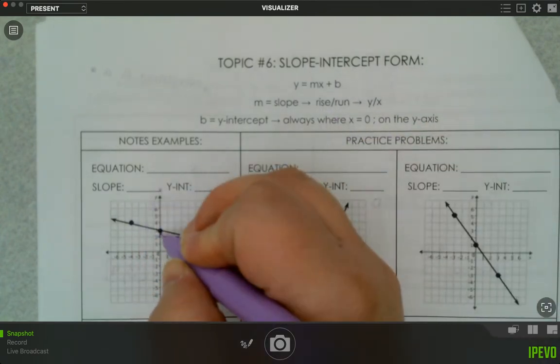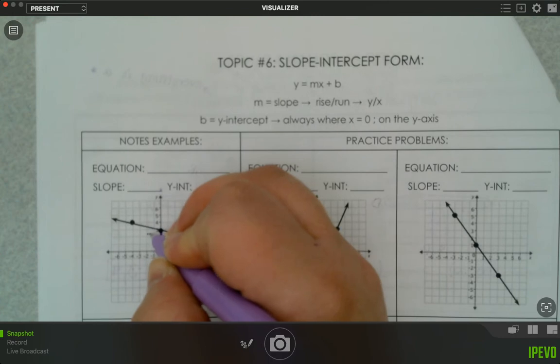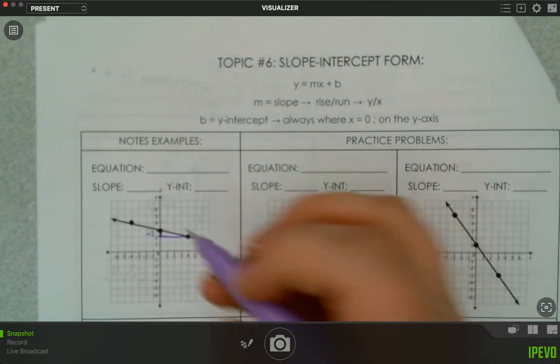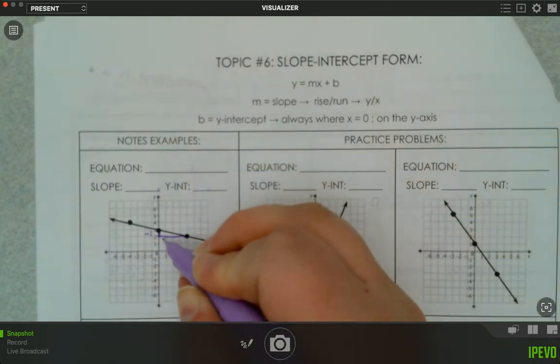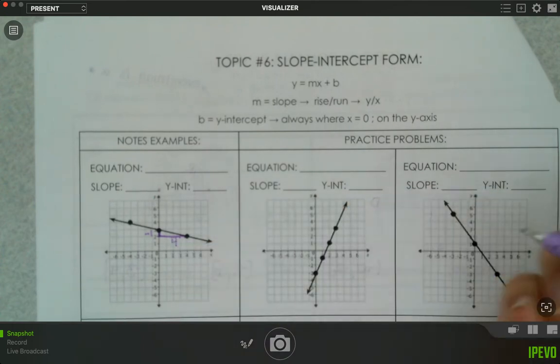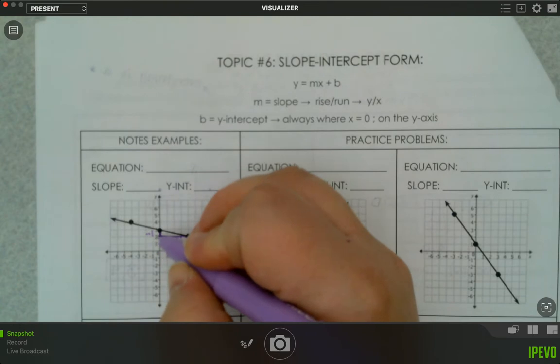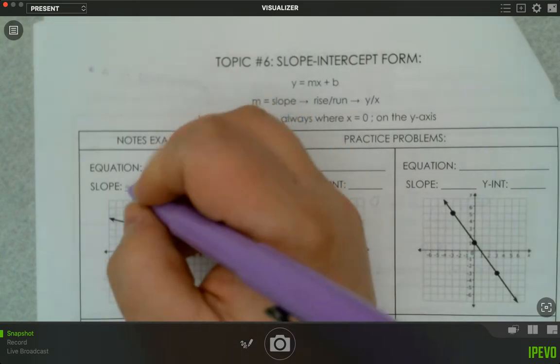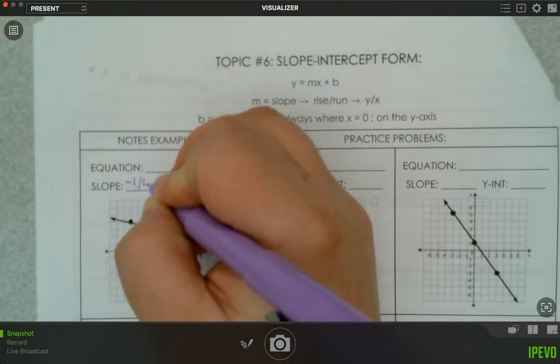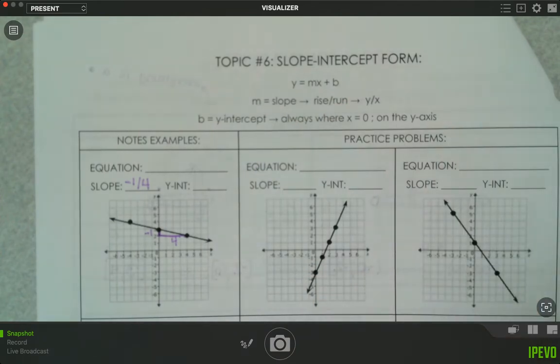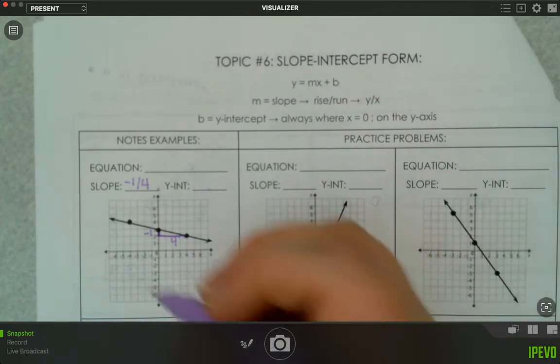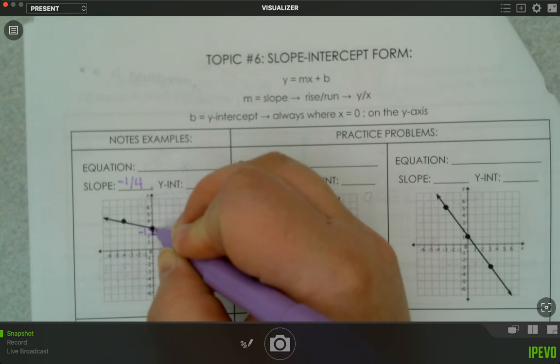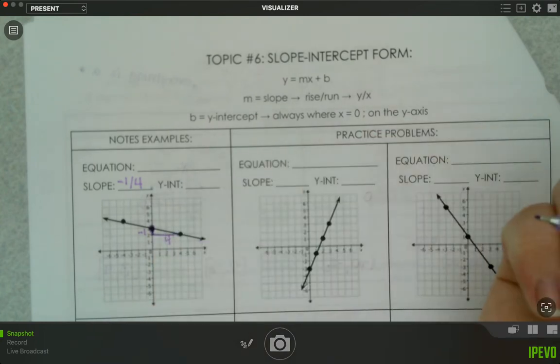So this one is going down 1, so that would be a rise of -1. But then it goes over 1, 2, 3, 4. So my slope would be rise over run, -1/4. My y-intercept is where it crosses the y-axis right here at 3.